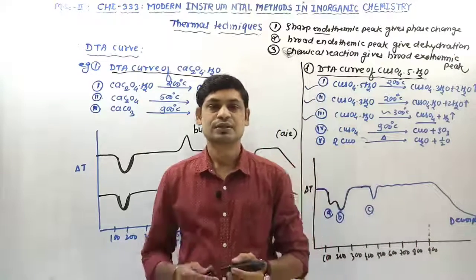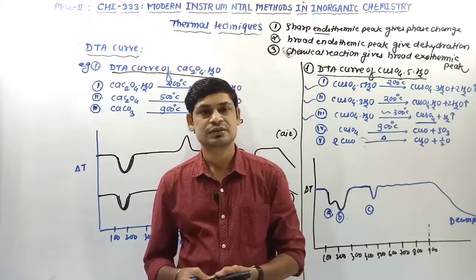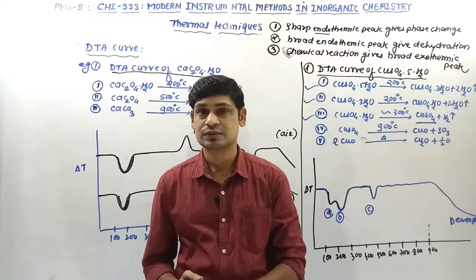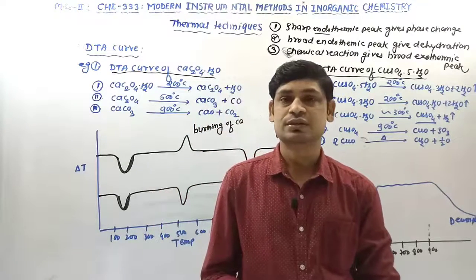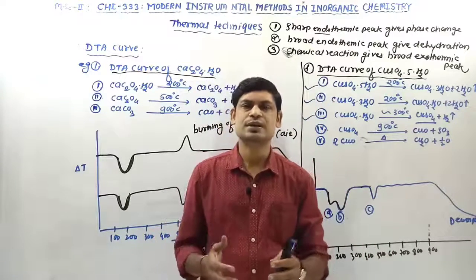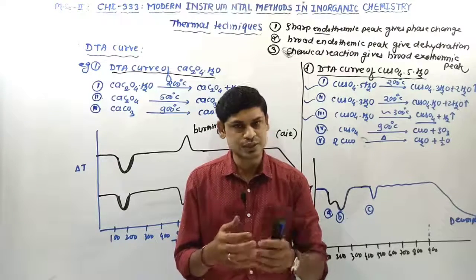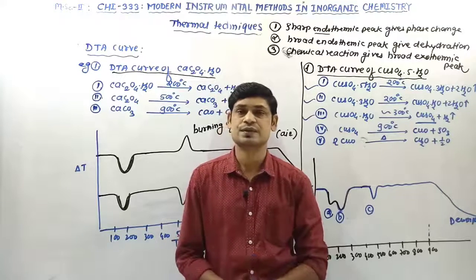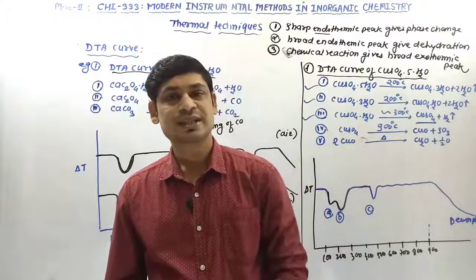For example, oxidative reactions, some reductive reactions, some bond formations, because we know that as part of the simple phenomenon of chemical reactions, bond breaking is an endothermic process, bond making is an exothermic process. So students, it was an account of the DTA curve.